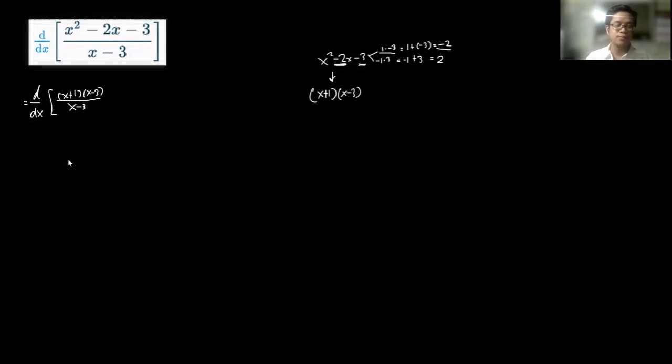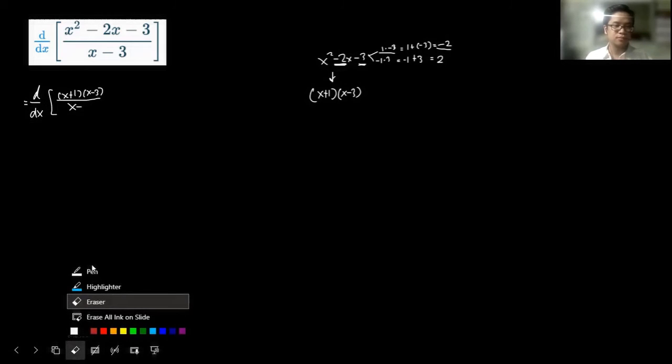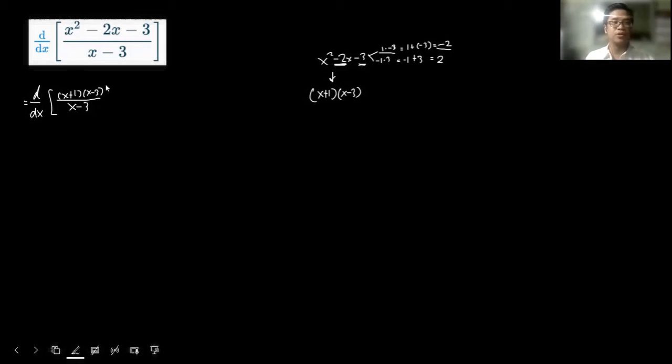Now, since I have x minus 3 in the numerator and x minus 3 in the denominator, I can cancel this out. What I have is just the derivative of x plus 1. So now this is the simplified expression.